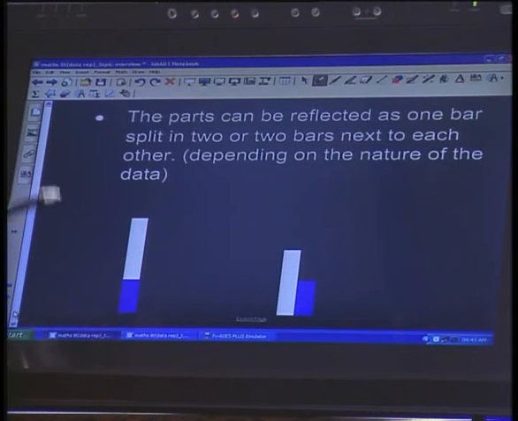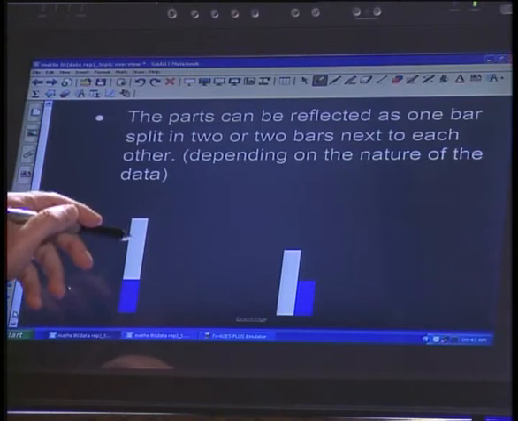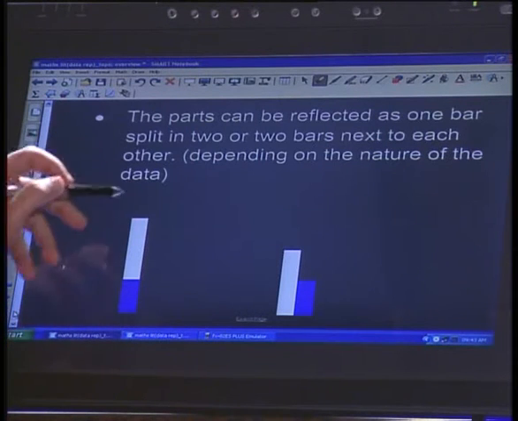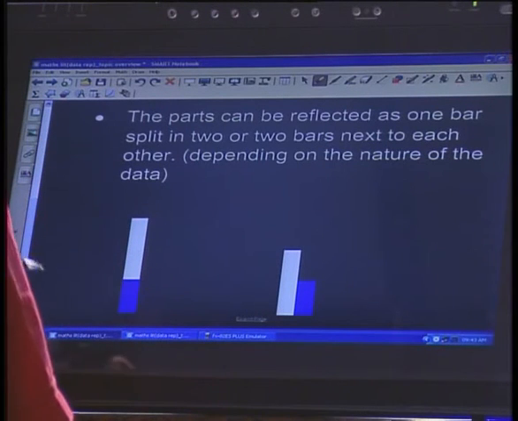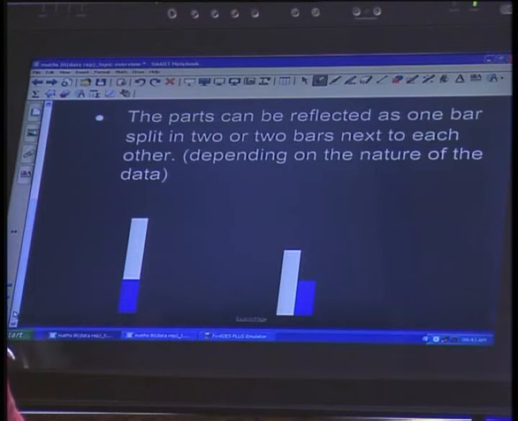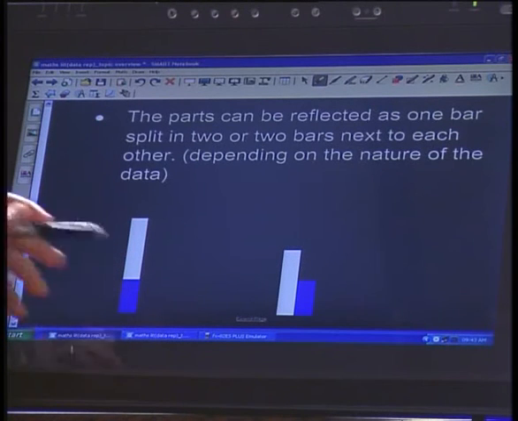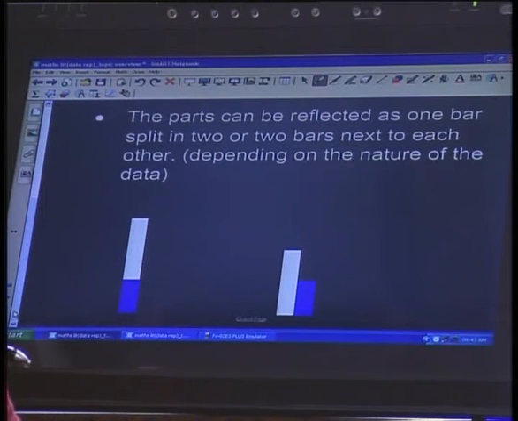We could make the blue, for example, the women, and the white, the men. And then we could also see the total number of people very easily. That's why it would be easier to see if we put the 2 data inputs on top of each other rather than next door. It just gives us an added feature of seeing the total as well.